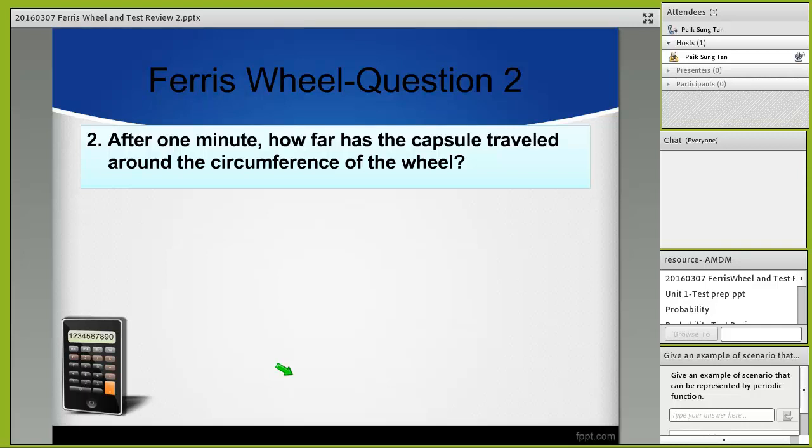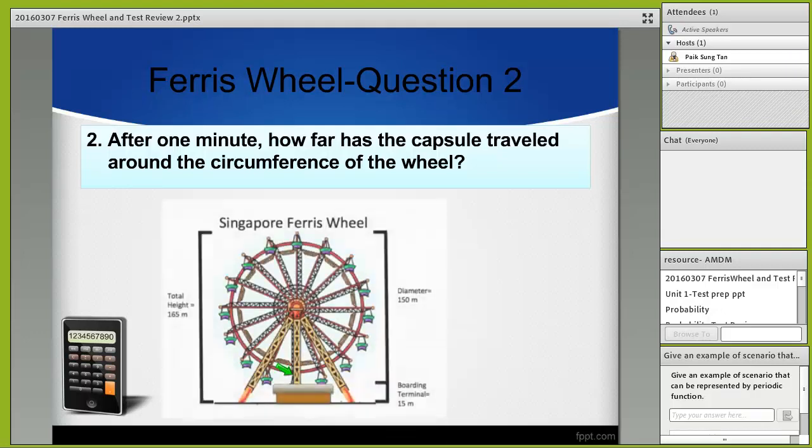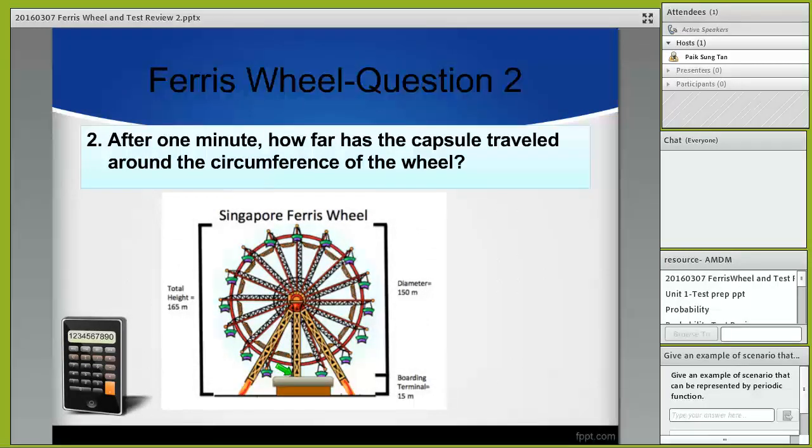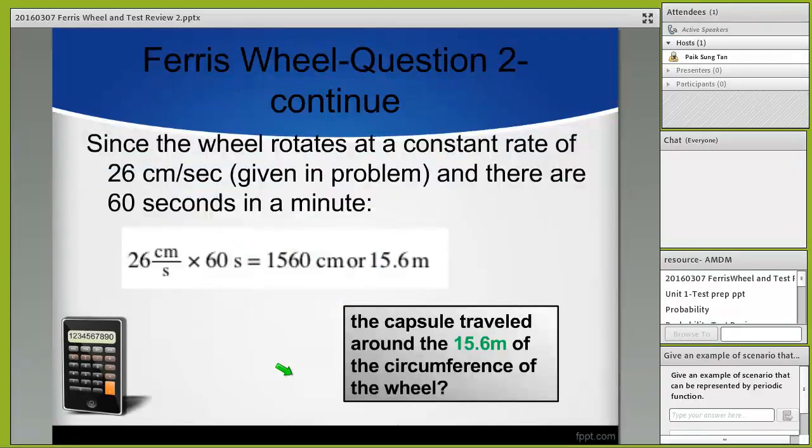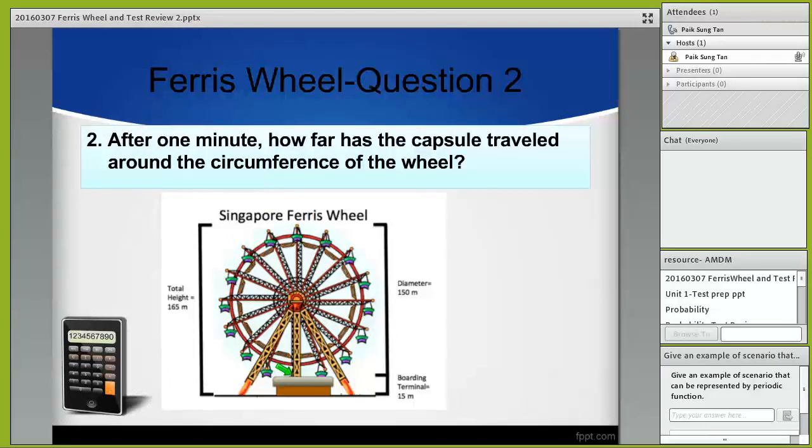At 1 minute, how far has the capsule traveled around the circumference of the wheel? Given the information, let's see. So what it means is we want to calculate, let's change to red.